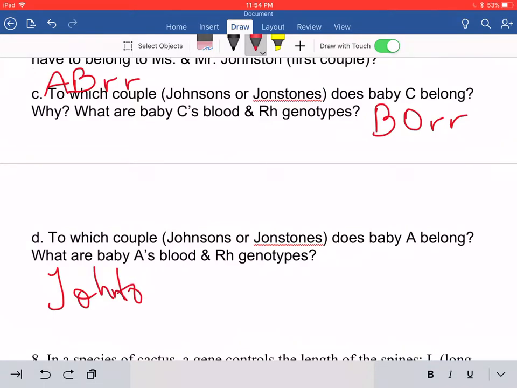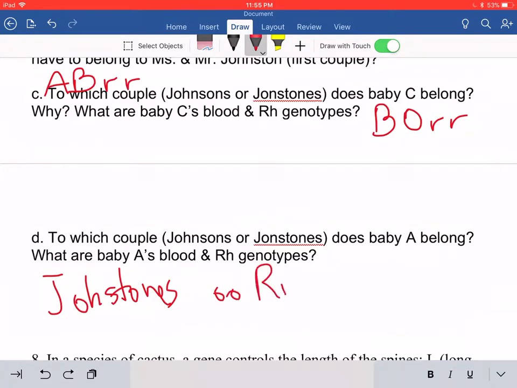Forgive my spelling here. Let's write that again. The Johnstones. And we're going to have a baby whose blood group is OO and big R, little r. And they were the only choice remaining, and so that's why we can figure out what all of these different babies belong to.